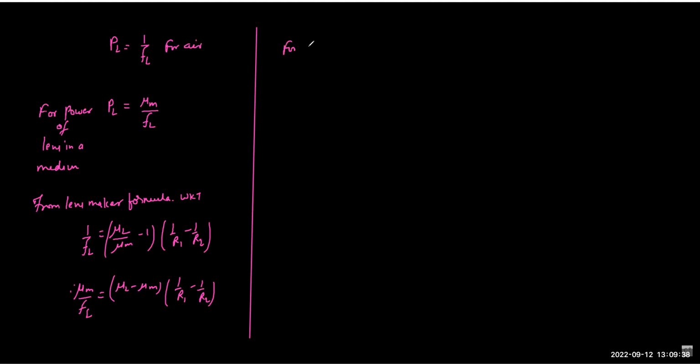For a medium, the power difference is mu lens minus mu medium.